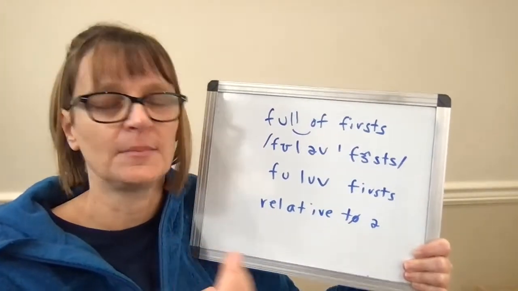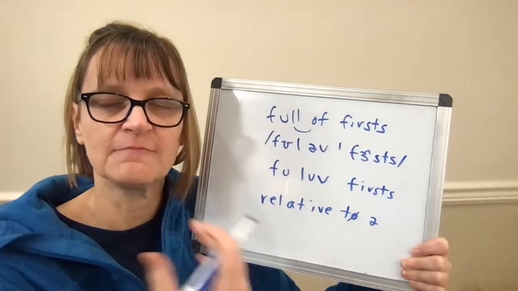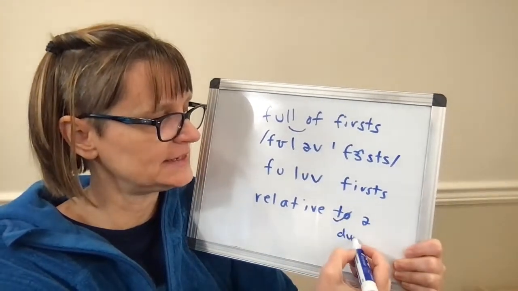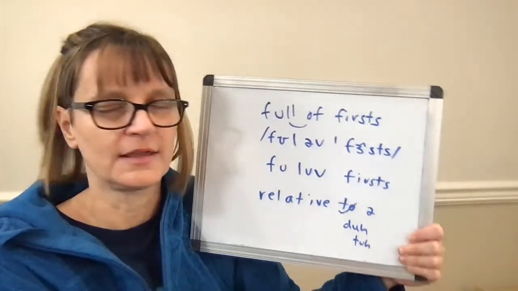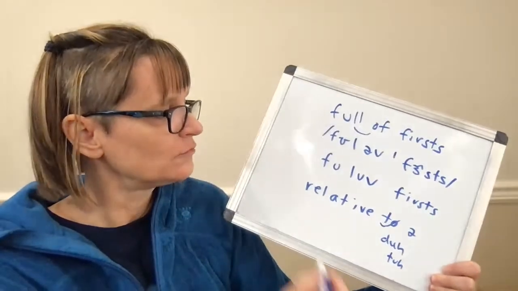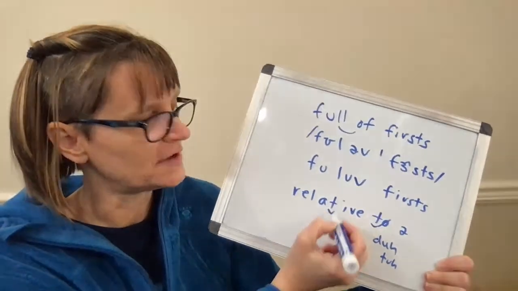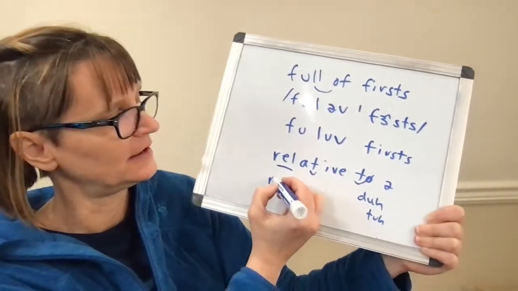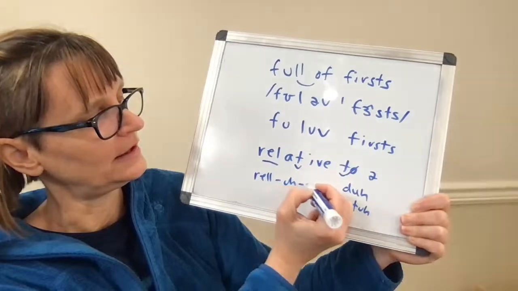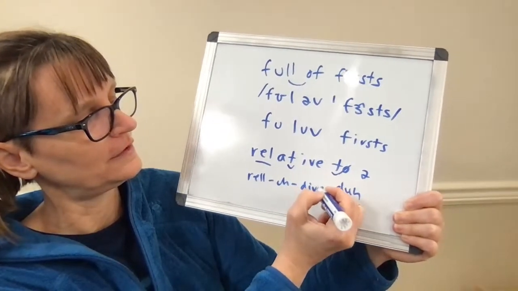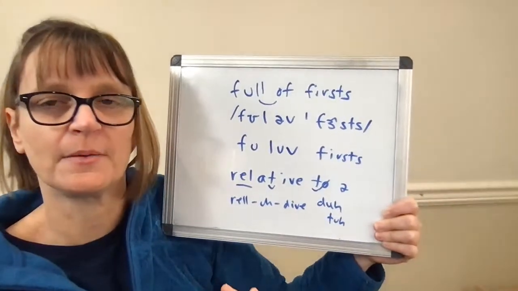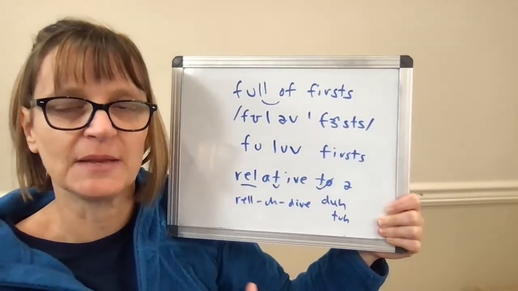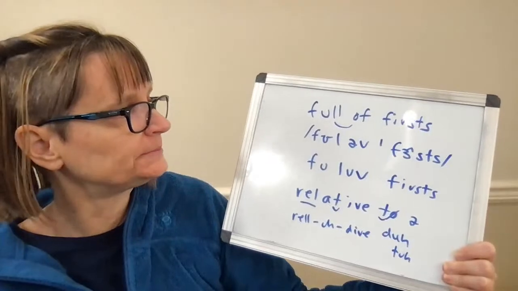And then relative to, this can become a flap and sound more like a D, or it can sound like an N. Relative, we also have a flap here for this T, first syllable stress, so it sounds like relative. Relative to 2020, we unfortunately still have many, many COVID cases, for example.